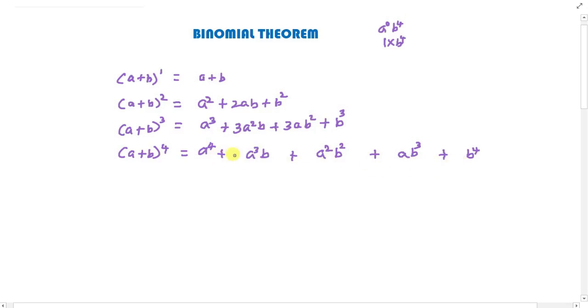But I did not write the coefficients of each term. We can see that in all the expansions, the first and the last term have the coefficient 1. How do we find out or write the coefficients of the terms in between the first and last terms? For this we are using a triangle called Pascal's triangle. The construction of Pascal's triangle is very simple.